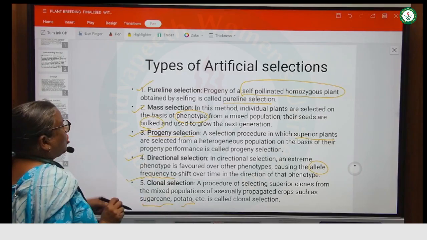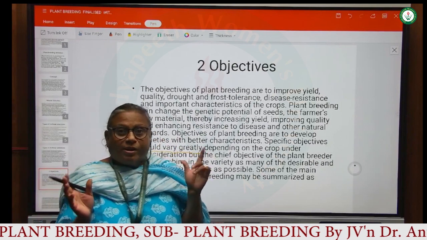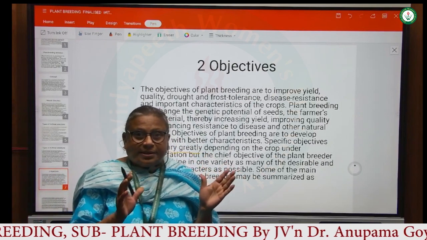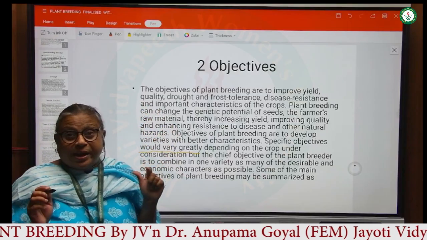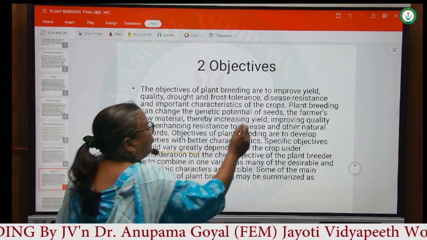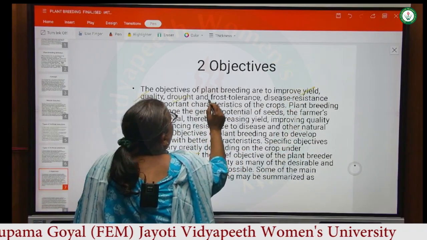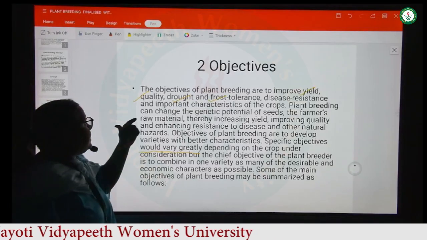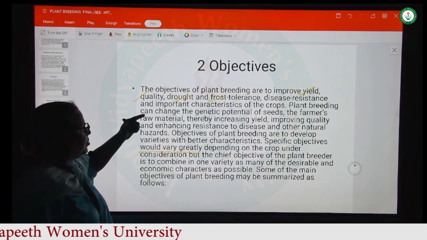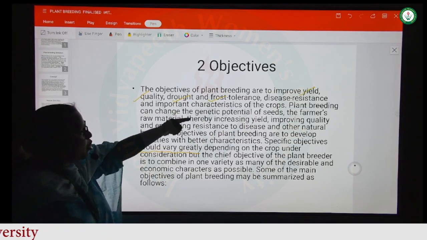And now I talk about the objectives of plant breeding. That was the concept of plant breeding. Now the objectives of plant breeding are to improve the yield, quality, drought and frost resistance, and to develop disease resistant crops.